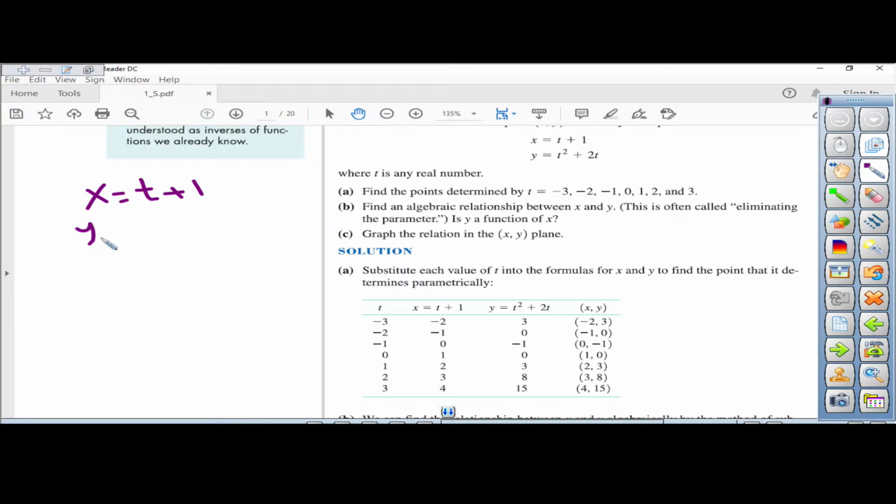Now the other one is y equals t squared plus 2t. We're asked to eliminate the parameter.